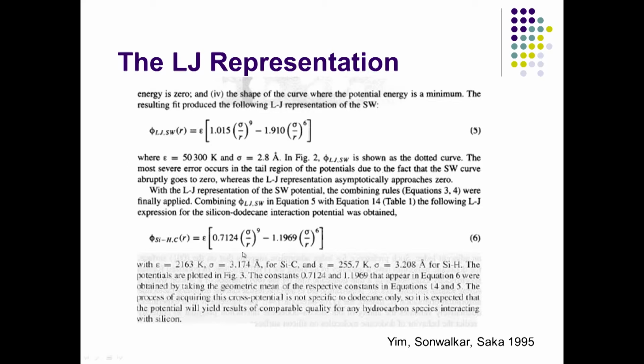That is where we use Lennard-Jones 9-6, with all the parameters of sigma, which is the potential energy, and the one which we call the lattice constant, which is 2.8 angstrom. With these two parameters, we are able to calculate the interface potential between silicon and carbon and hydrogen. So, now we are ready to look at some of the results.